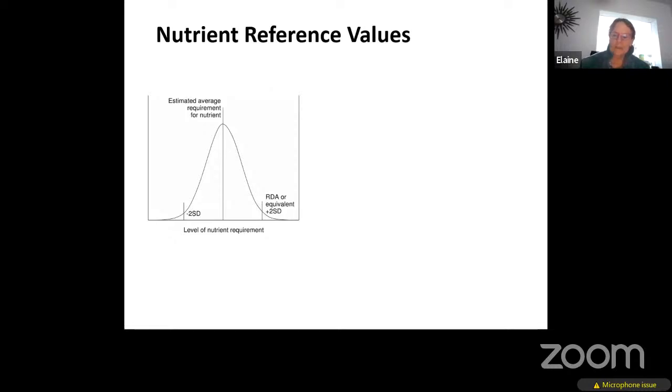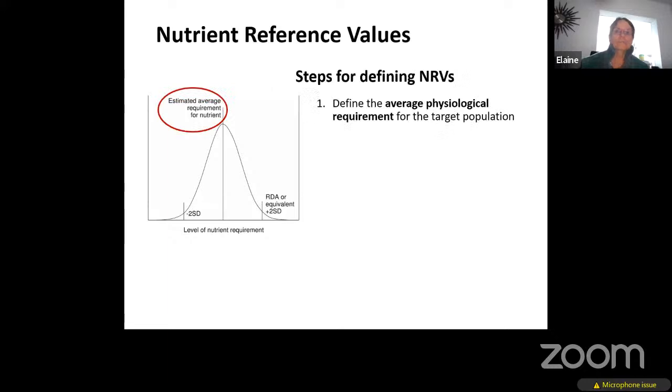So if we're looking at these nutrient reference values, and this again is your requirement distribution, one of the steps for defining the nutrient reference values is, first of all, obtaining data that can be used to define the average physiological requirement. So that's the estimated average requirement for the target population. That's the first step in defining an NRV, to determine what that value is.